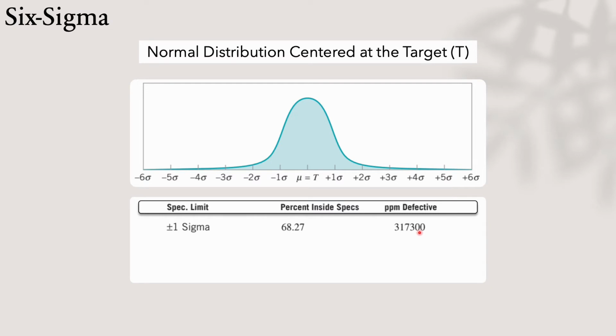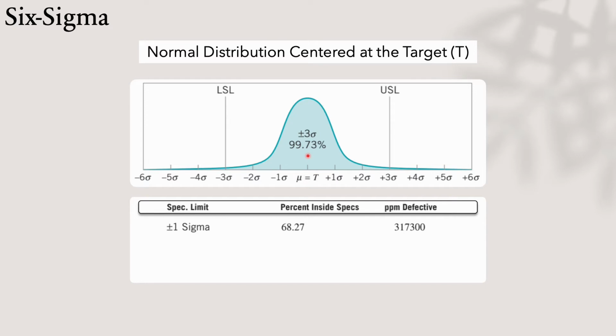Now if our acceptable range or specification limits are between plus and minus 3 sigma, with plus 3 standard deviations as the upper specification limit and minus 3 sigma as the lower specification limit, then the data that falls within these limits is 99.73%. In the coming lectures we will see how we calculate it.